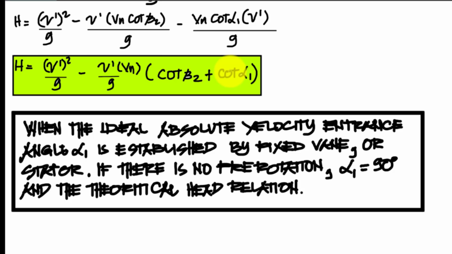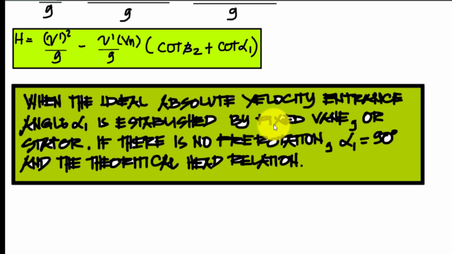Now, when the ideal absolute velocity at the entrance alpha is established by the fixed vane or stator, or if there is no free rotation, where the angle at point 1, let's say angle alpha, is 90 degrees, the theoretical head relation changes. So my head, if you substitute alpha of 90 degrees, eventually the cotangent of alpha is 0.